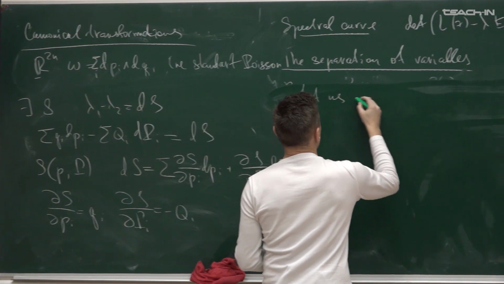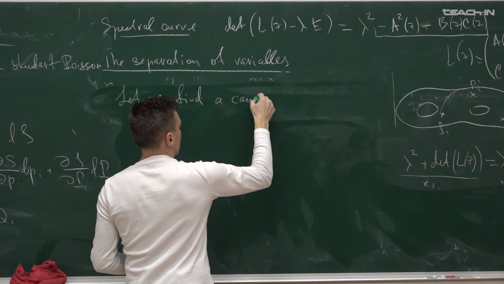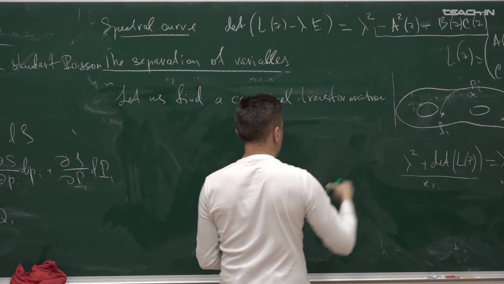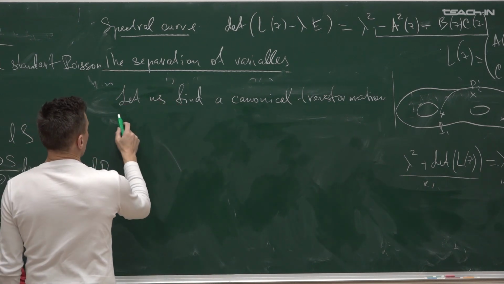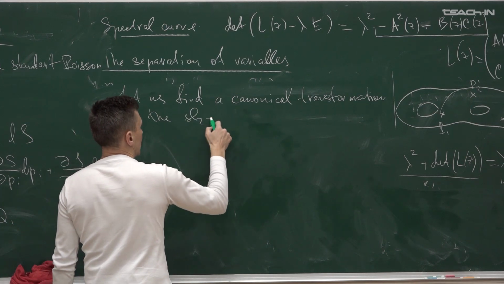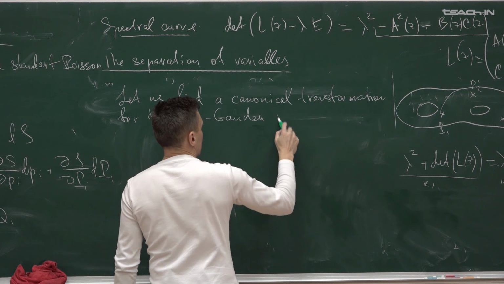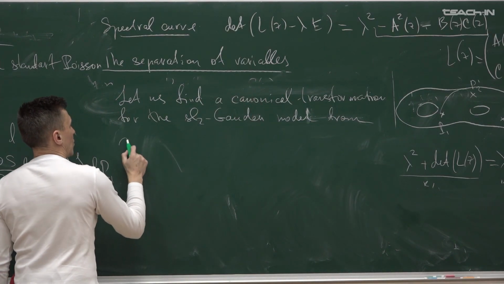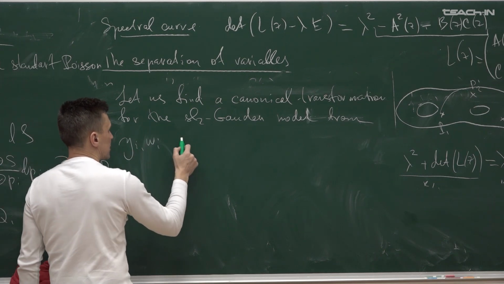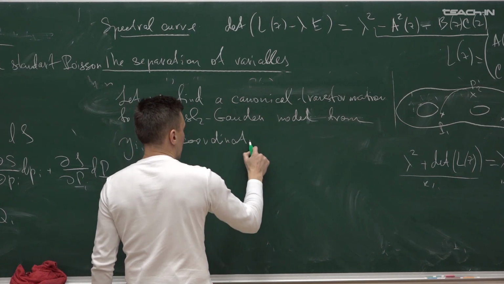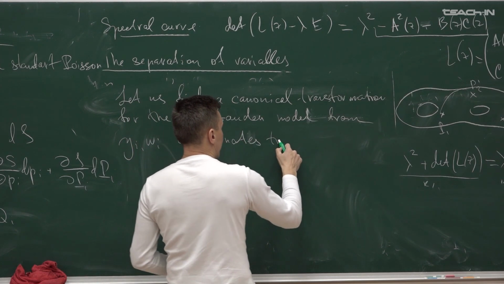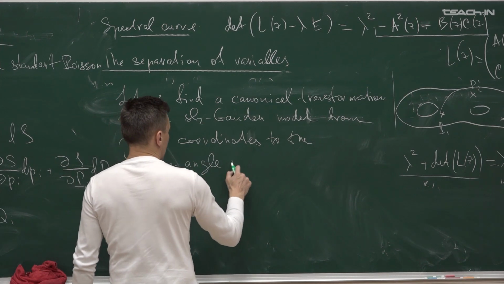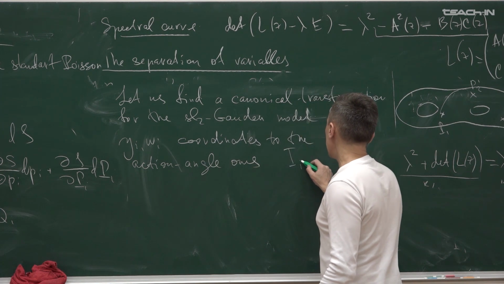Let us find a canonical transformation for the SL2 Gaudin model from the y_i, omega_i coordinates to the action-angle ones, I_i and phi_i.